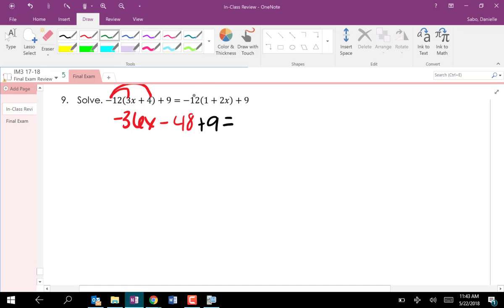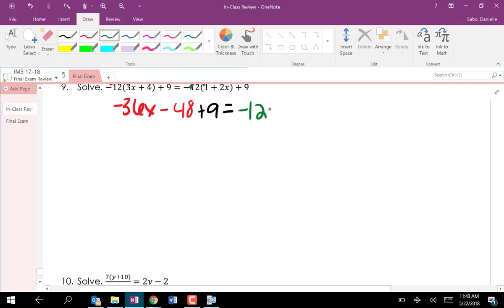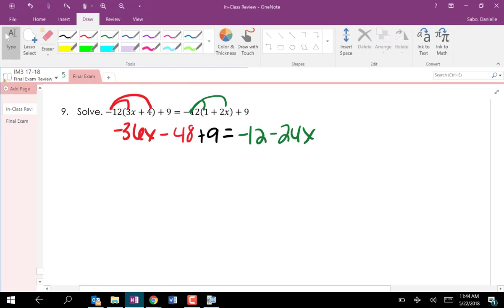In green, negative 12 times 1, and then negative 12 times a positive 2x. 24x. Good. Okay, bring down the 9 in black. Do you see that on both sides in black there's a plus 9? That's not always the situation, but in this situation there is, so they're gone.